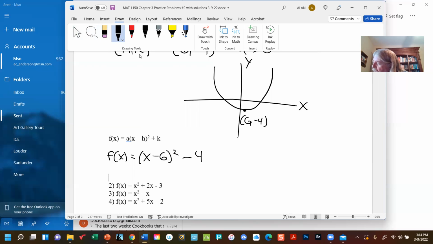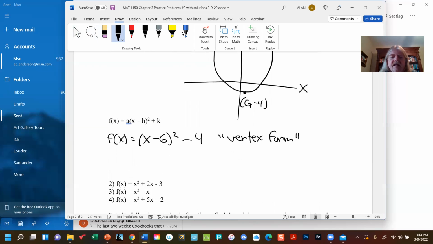So this is the so-called vertex form. And of course, it represents the same parabola, the same quadratic function. What's different is that you can see at a glance that the vertex has to be 6 comma negative 4. This is minus h, this is k.